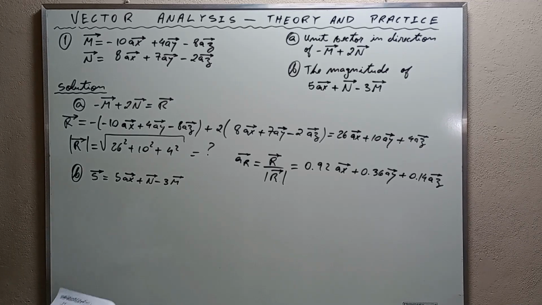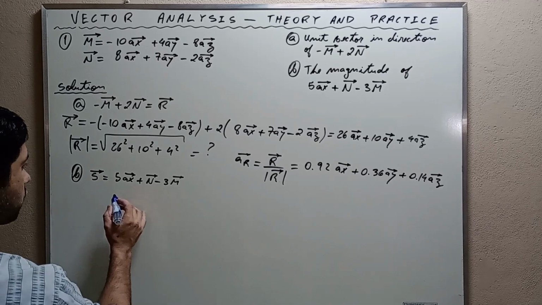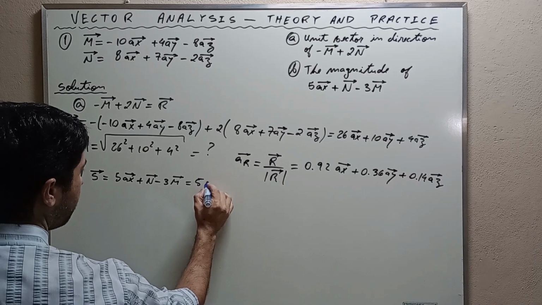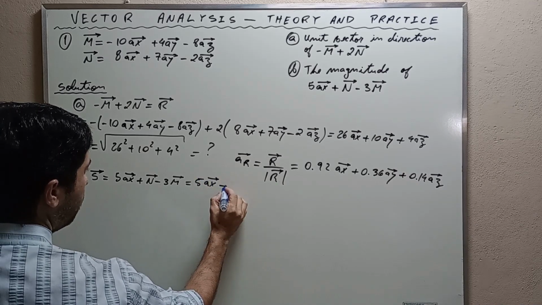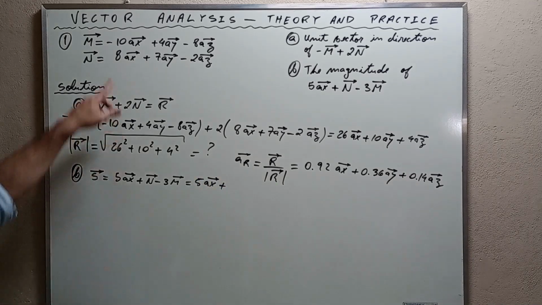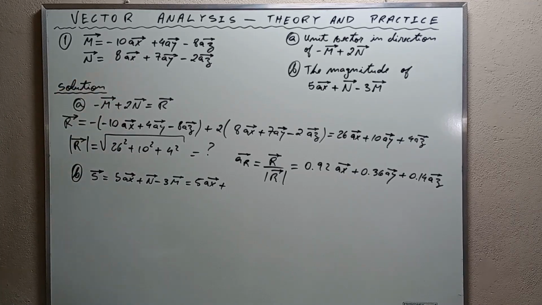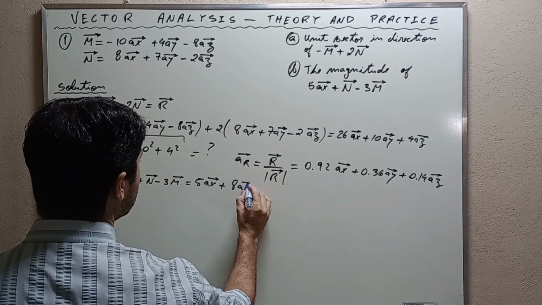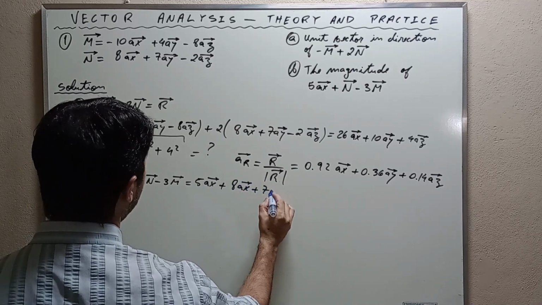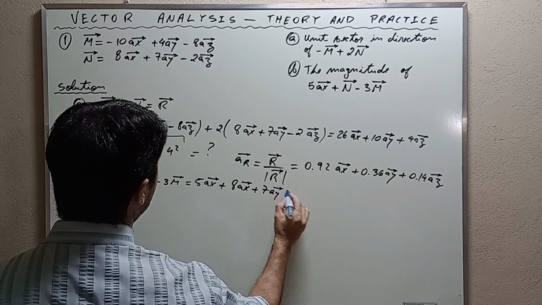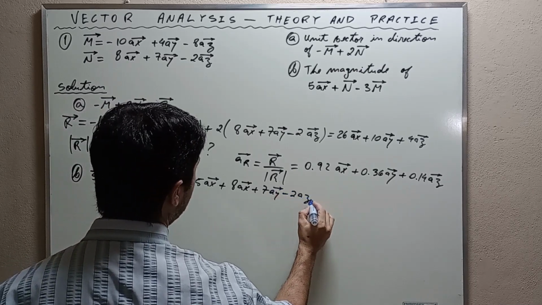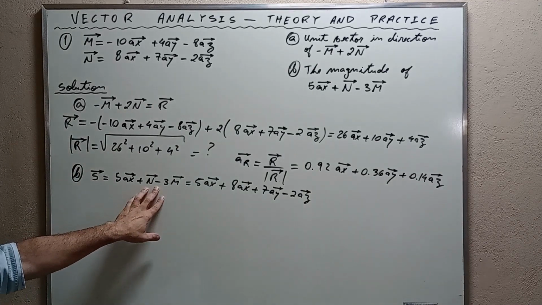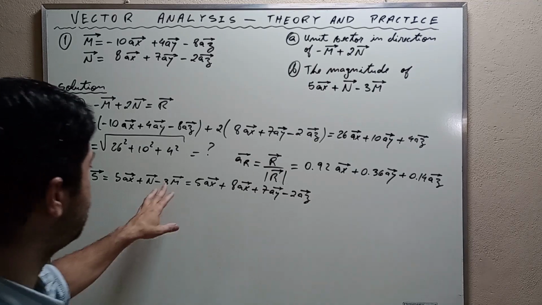S is gonna be 5 times AX plus N. Where is N? N is simply this. Okay, 8 AX plus 7 AY minus 2AZ and minus 3M.